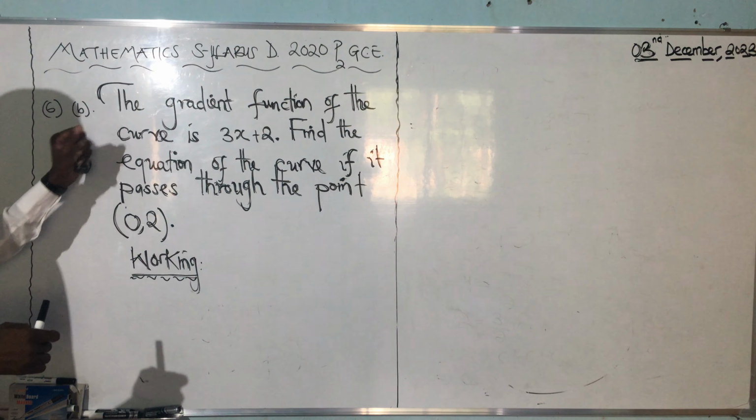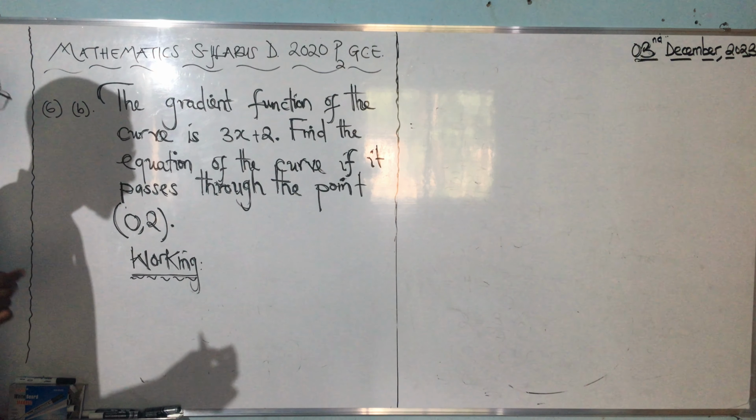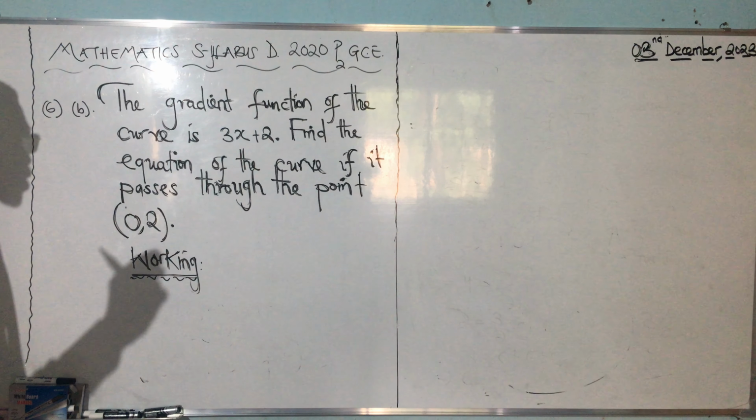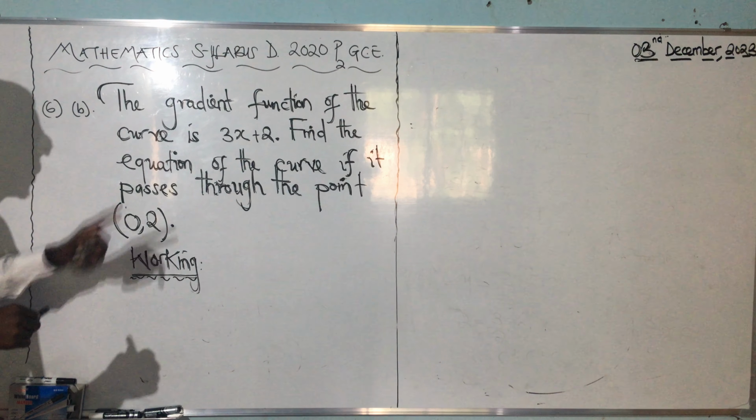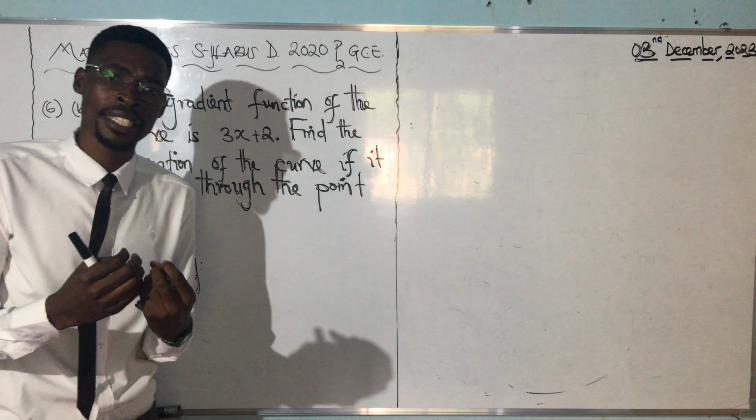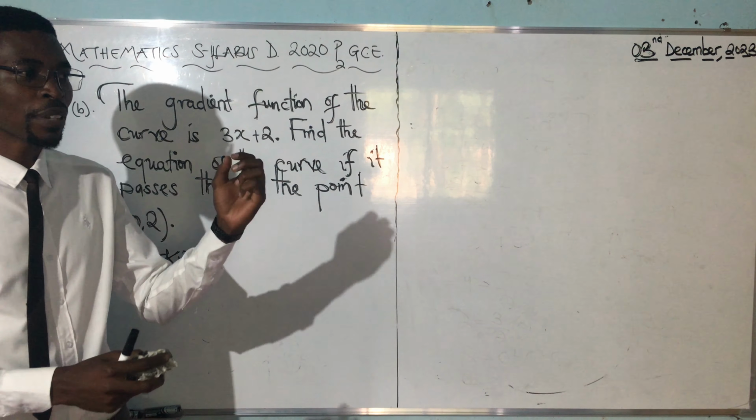Integration is also called anti-differentiation, meaning it's the opposite of differentiation. Differentiation helps us to get the gradient function of a given function.